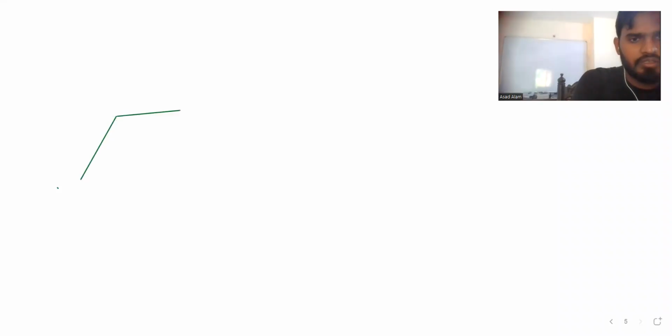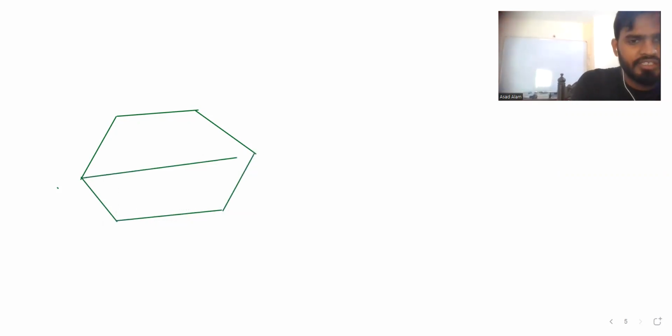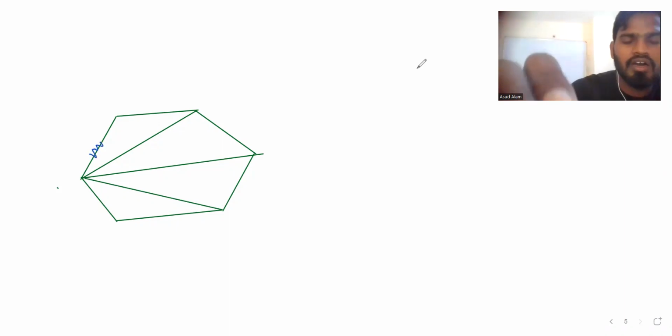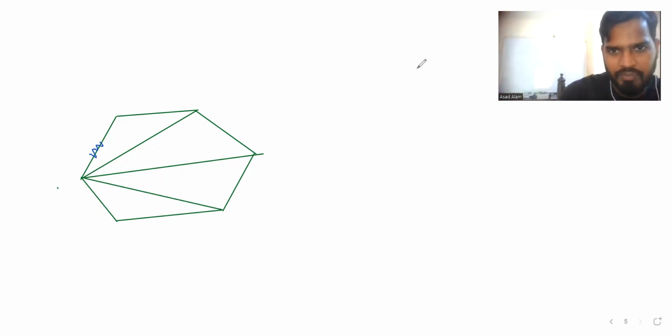Then this. Then this. Same thing here. Then this. Then this. Then this. And then again this. Fine. Now what I'm going to do, in an easy manner, I can do it this way. The color is going to be similar. So let me take this color.